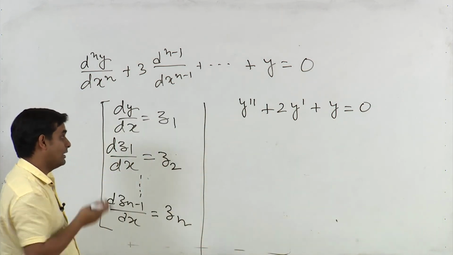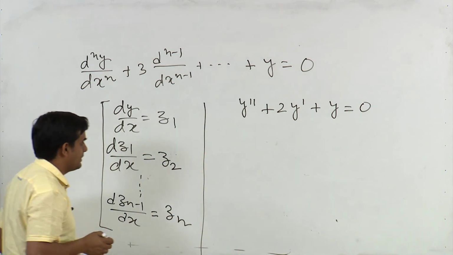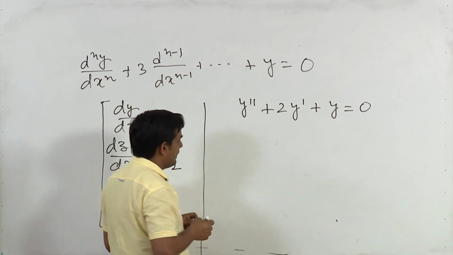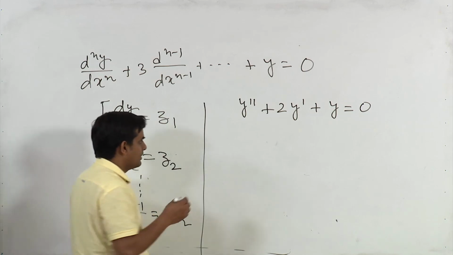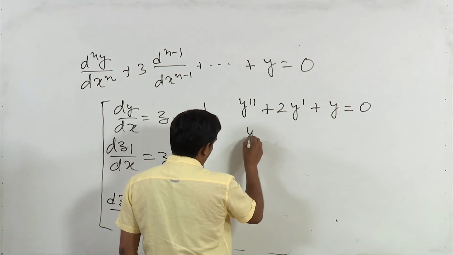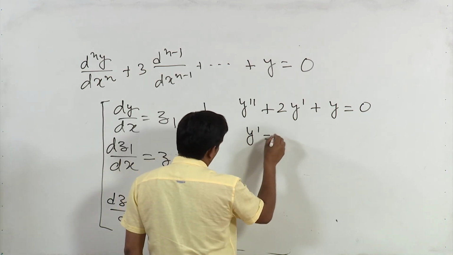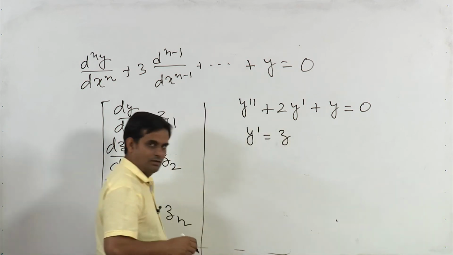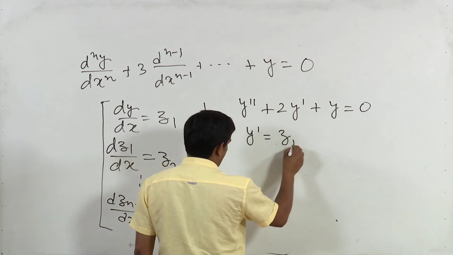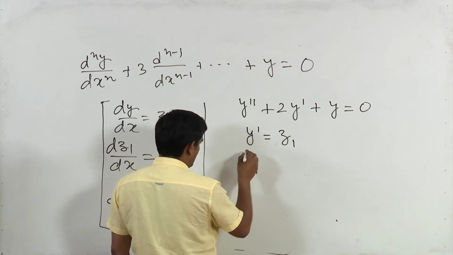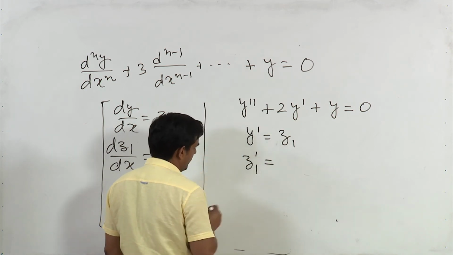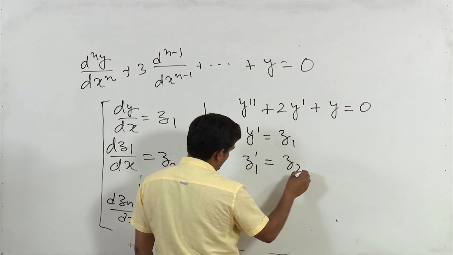For example, let us take a second order linear differential equation. Now, I want to write it as a system of two first order differential equations. So, I will write y prime equals z1. Then z1 prime equals z2.